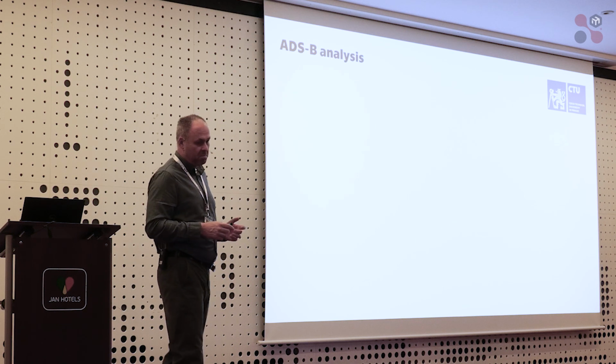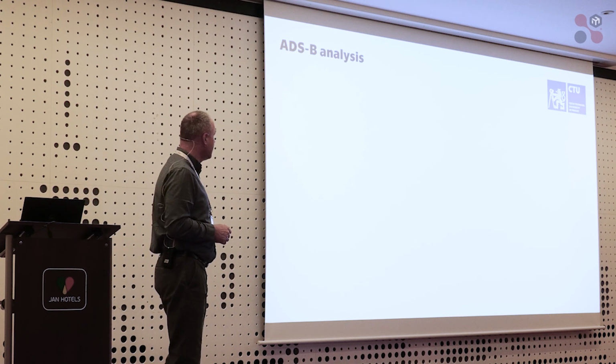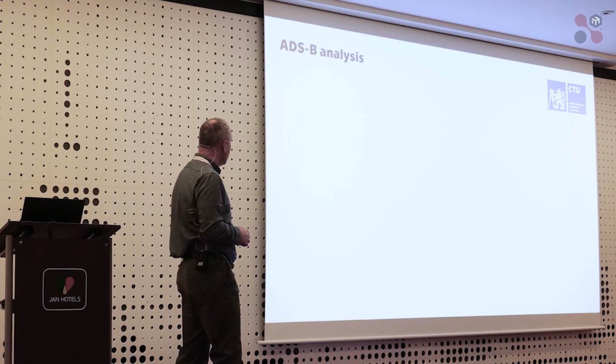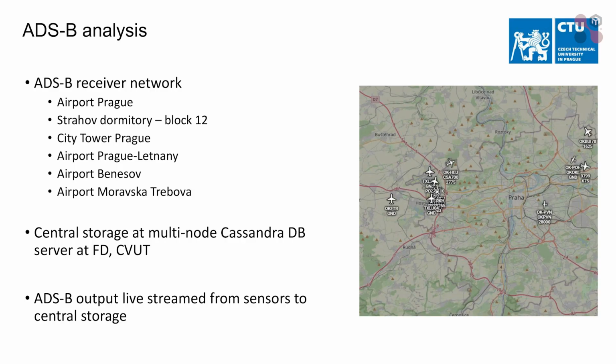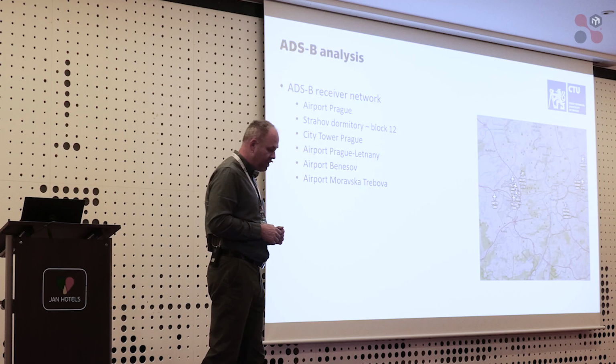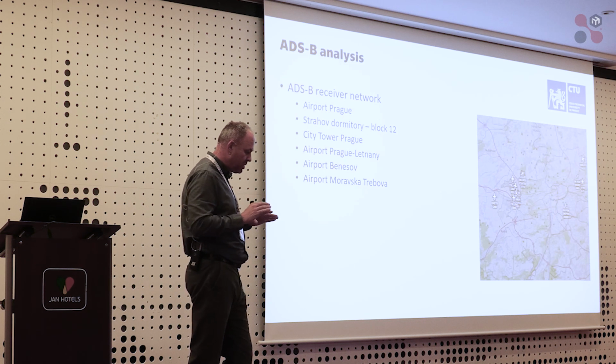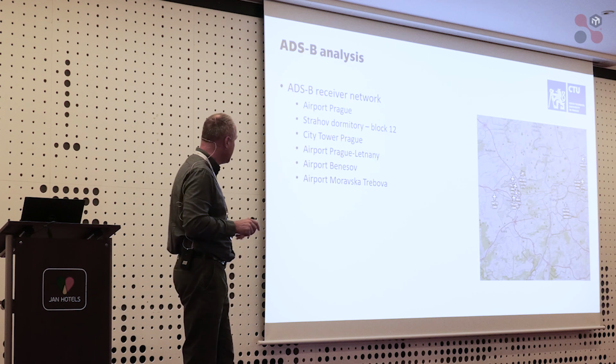Yeah. So that's it. And then I have another project which we do, ADSB analysis. ADSB is the digital information which aircraft broadcast about their position, their identification, and some other details.